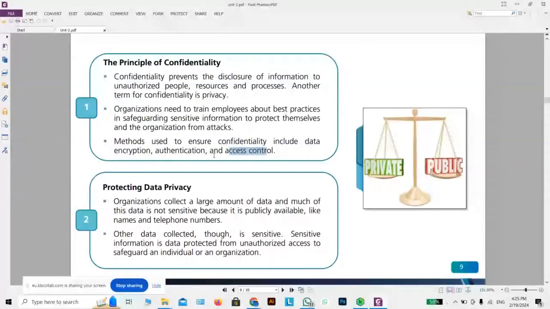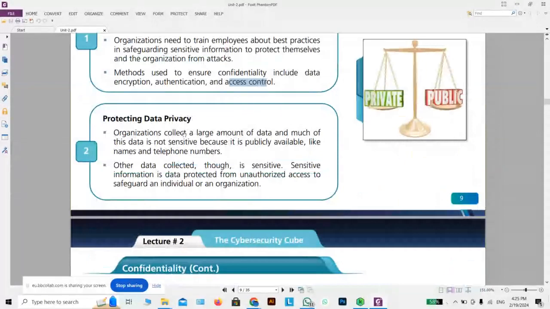Organizations collect a large amount of data, and much of this data is not sensitive because it is publicly available, like names and telephone numbers. There is no worry about this data. But other collected data is sensitive information, which is protected from unauthorized access to safeguard the individual or the organization. I have given you examples such as a hospital, or a student management system with student records and their information.